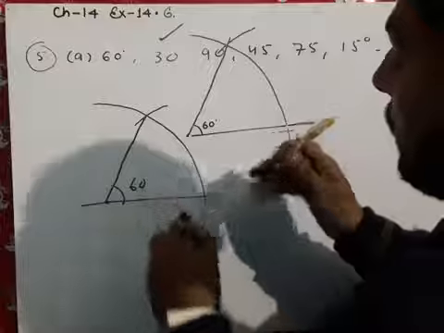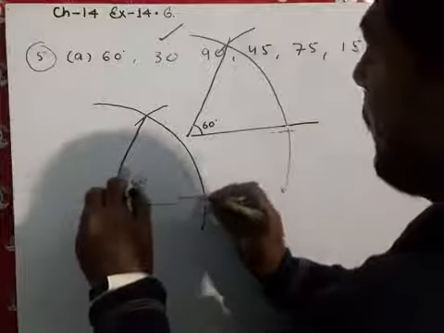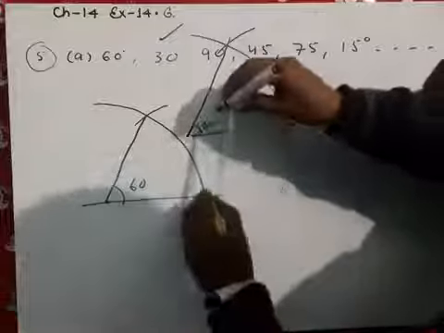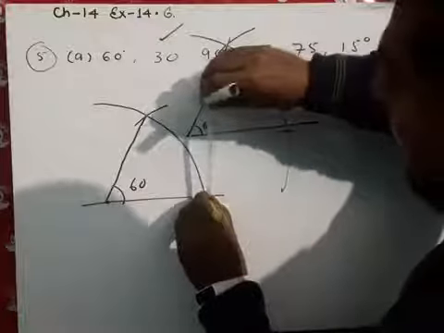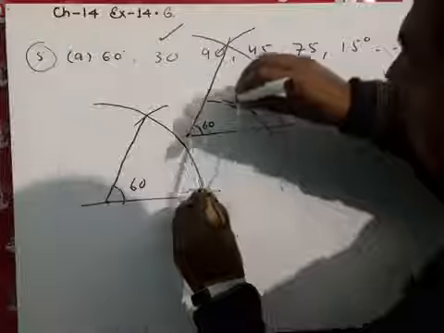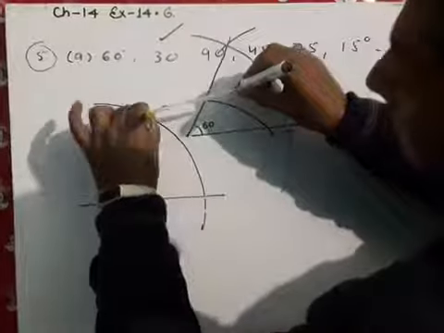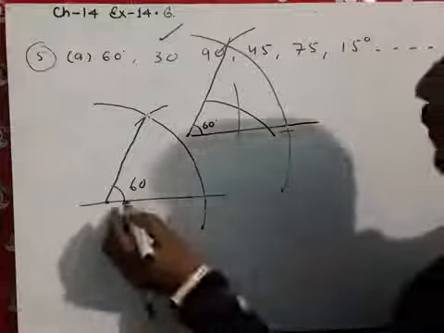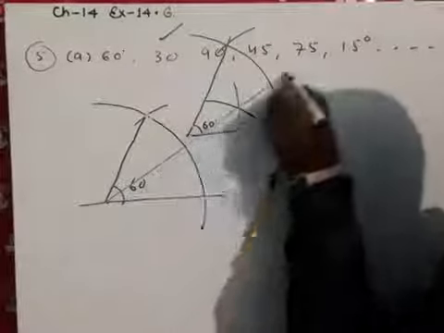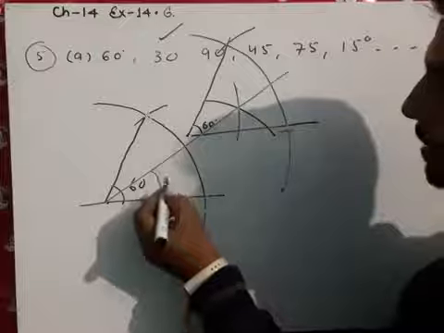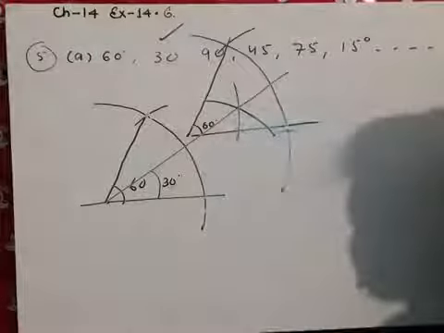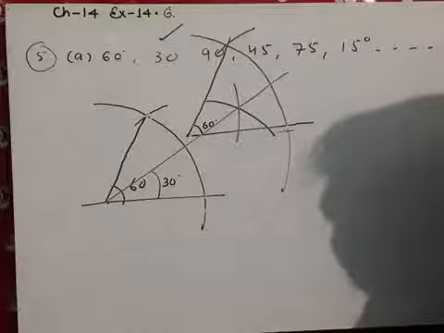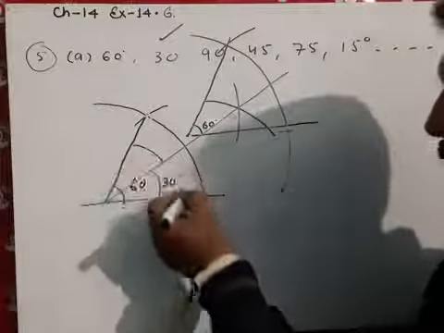Put the compass point here and make one arc, then put the compass point on the other point and make another arc, and then join it with this point. So this will be 30 degrees. Simply we are doing a bisector. Bisector means dividing into two equal parts. So this will be 30 and this also will be 30.